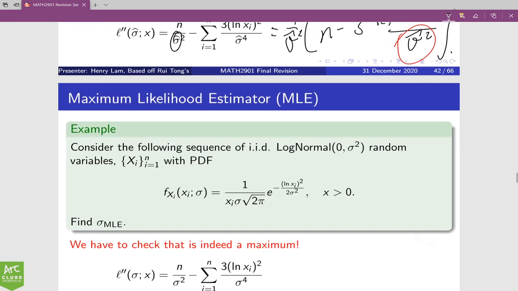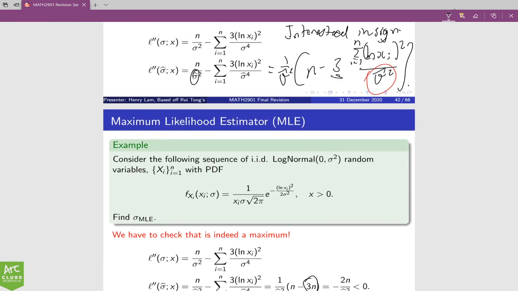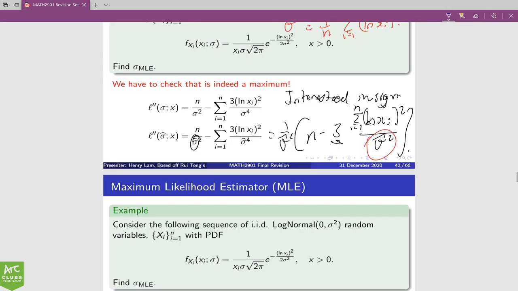The 3 is just from the fact that this is a 3 here, and this whole thing is just n. Let me just erase that because that's really ugly. And this whole kind of thing here is just n. Right? Interesting sign, let me get rid of that.